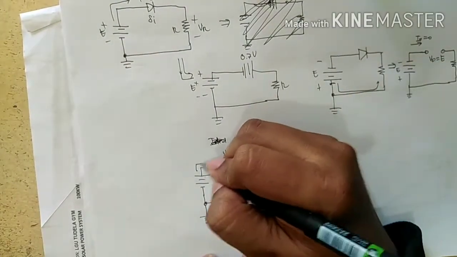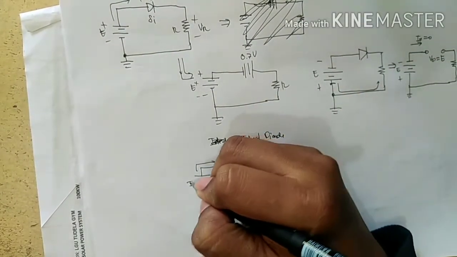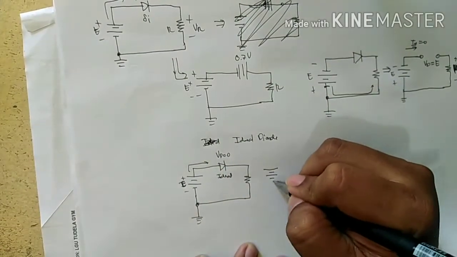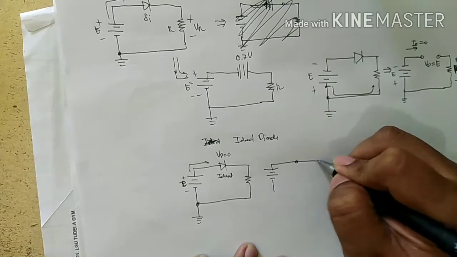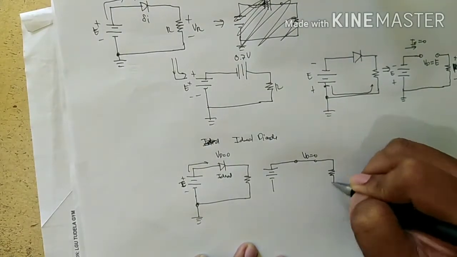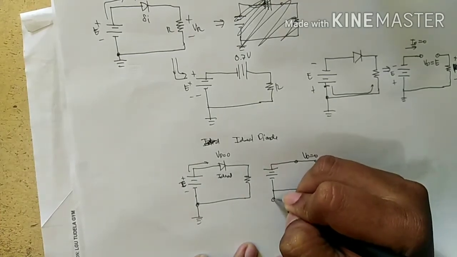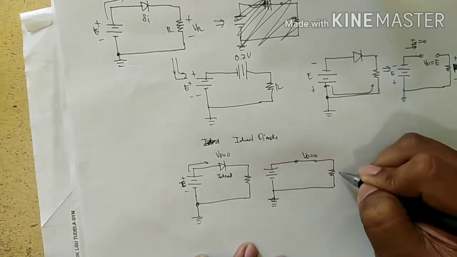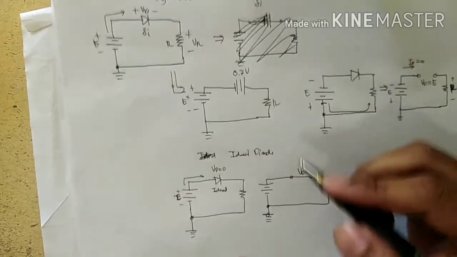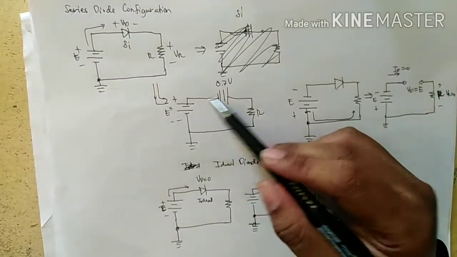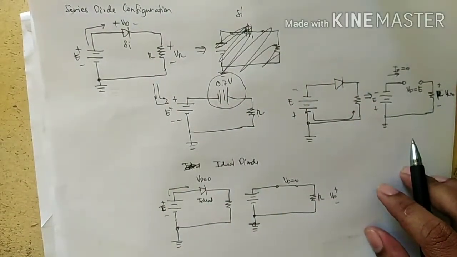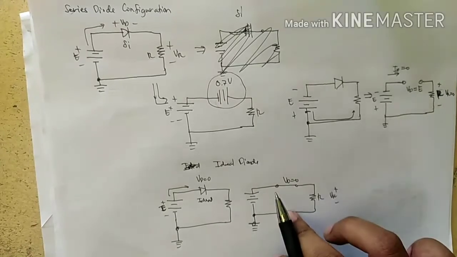If it is forward biased, its voltage drop is equal to 0, VD is equal to 0. Likewise, in the silicon diode, if it is forward biased, it drops 0.7. This one is just for the ideal.